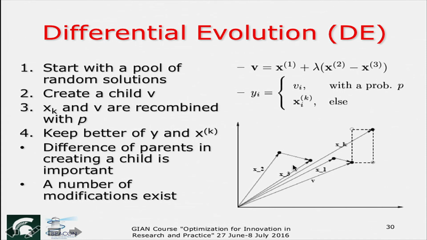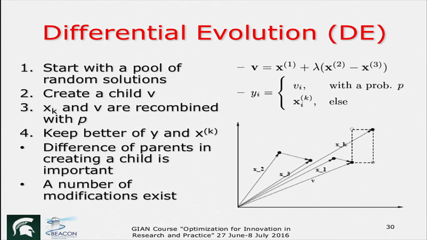Or you can just delete the worst population member. It's not just the worst of the 3, but the worst of the whole population. Or you can take one at random and just replace it with this new mutated point. Various things you could do, and they have various versions based on what you're doing here. And then you start again. Again, you pick 3 at random and then continue doing that.